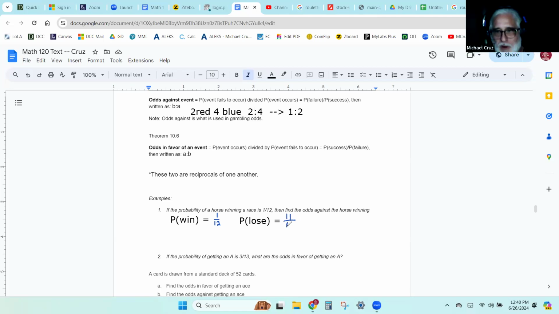So then your probability of losing is 11/12. We need both, the two complements of one another, the win and the lose. And you'll notice that in the numerator, 1 plus 11 gives us 12, and that's what we want. That's how we know we've got the complement, if those two add up to be 1, or to be the denominator, 12 over 12 gives you 1.